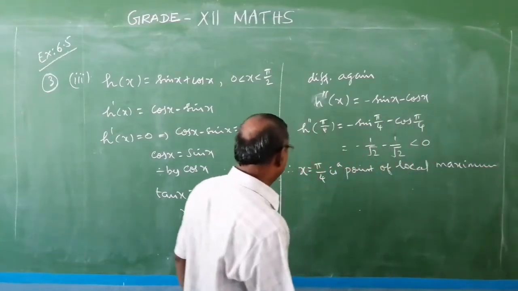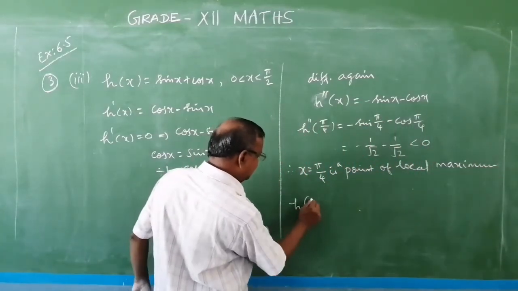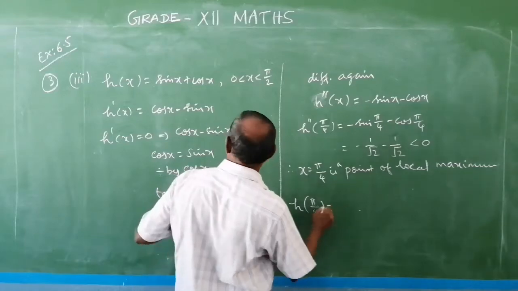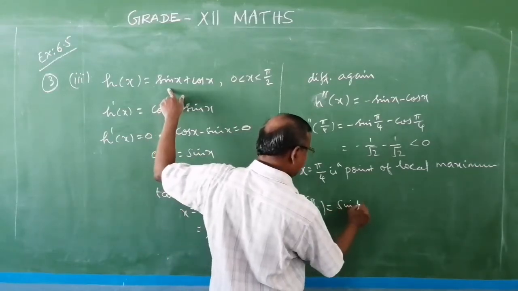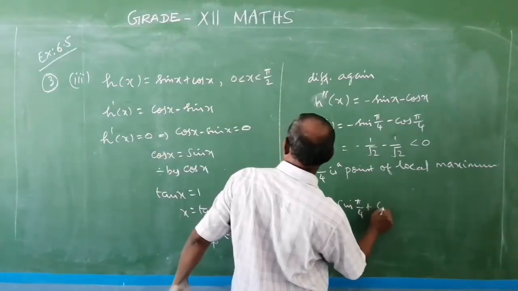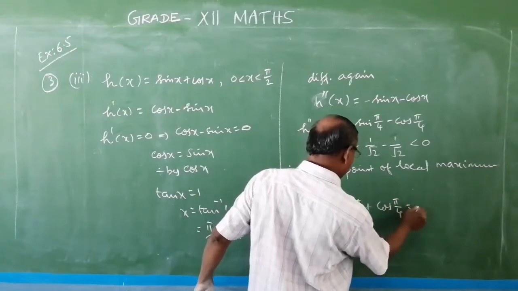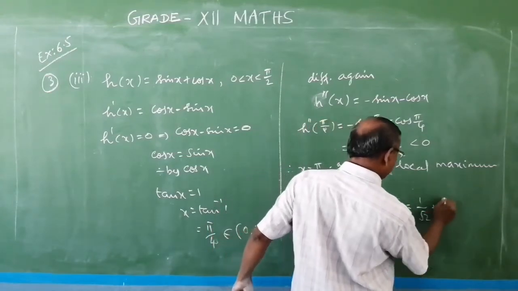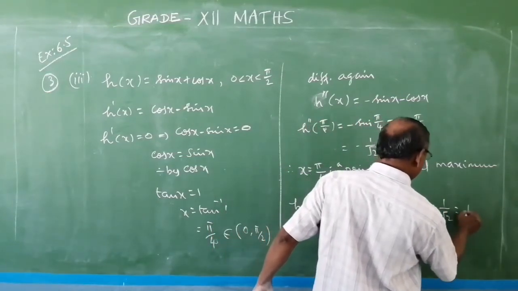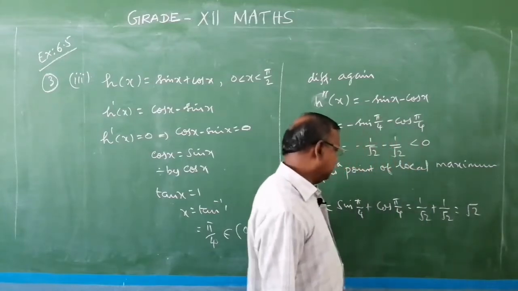Hence, the local maximum value is h of pi by 4 equals sin pi by 4 plus cos pi by 4 equals 1 by root 2 plus 1 by root 2 equals 2 by root 2, which is root 2.